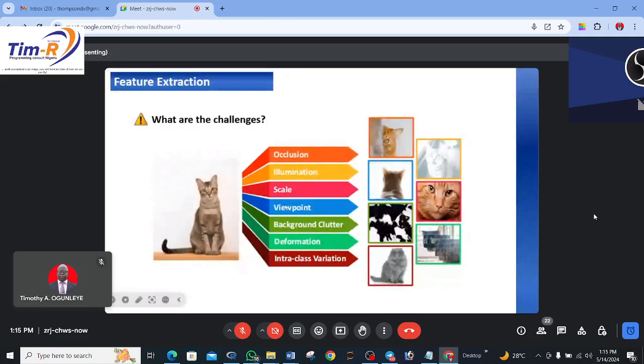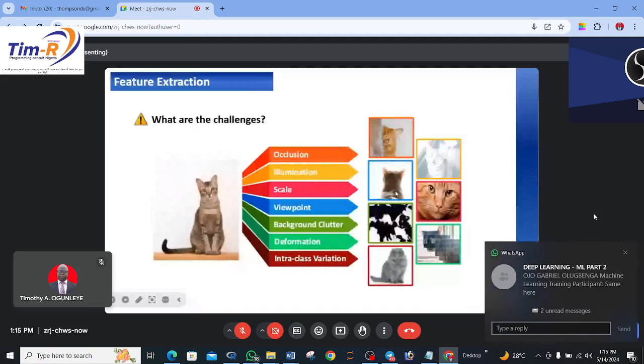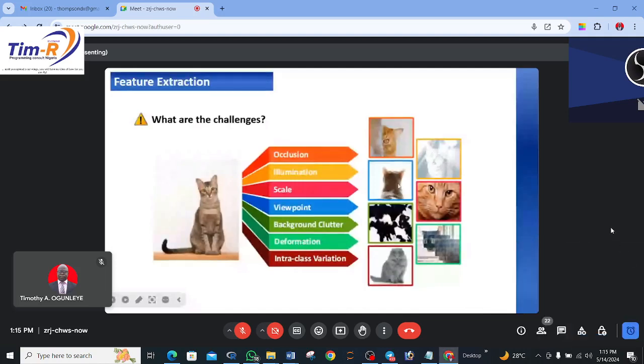Another one is viewpoint. For example, how can we know that this is a cat? With this viewpoint, we can use this type of thing in object recognition or image recognition of a cat, because there are a lot of animals that can pose this way that are even different from cats, that we might even say it's a dog or maybe another type of animal.